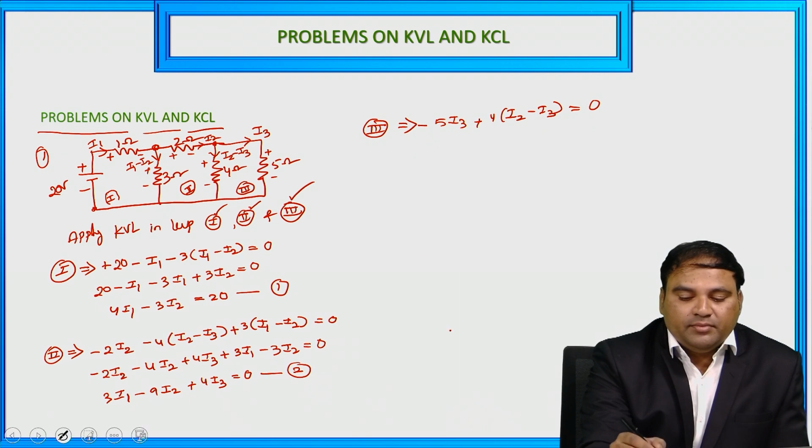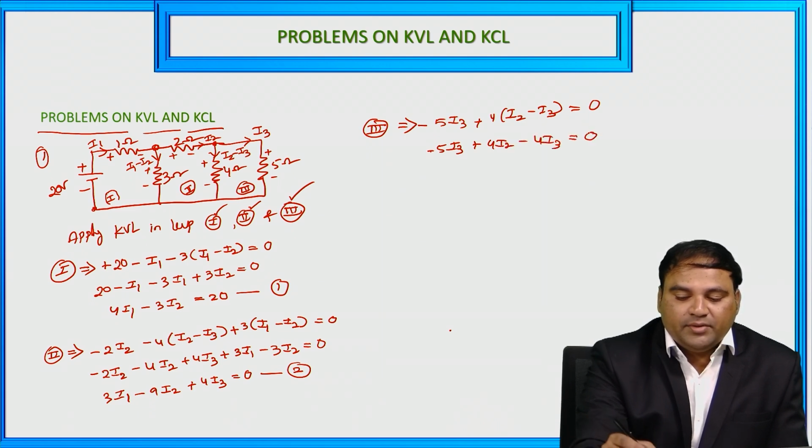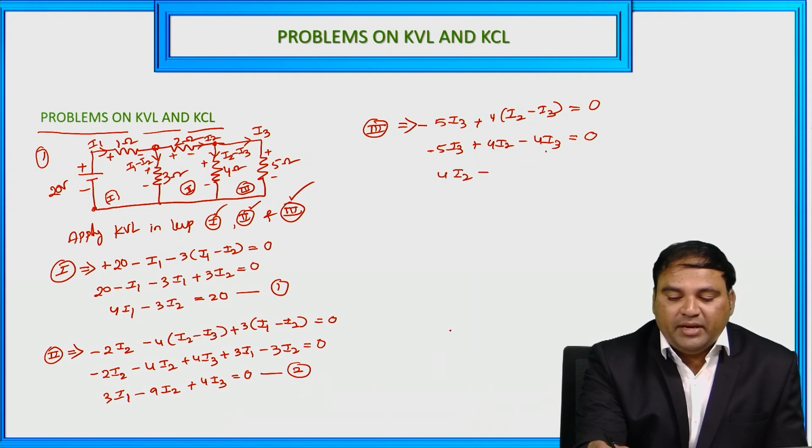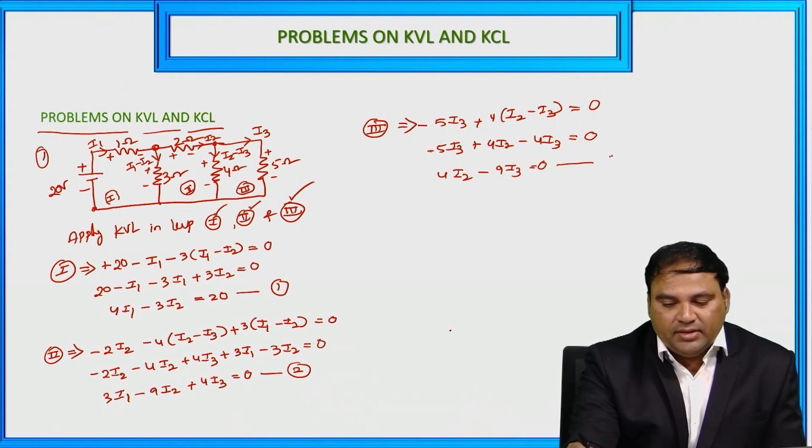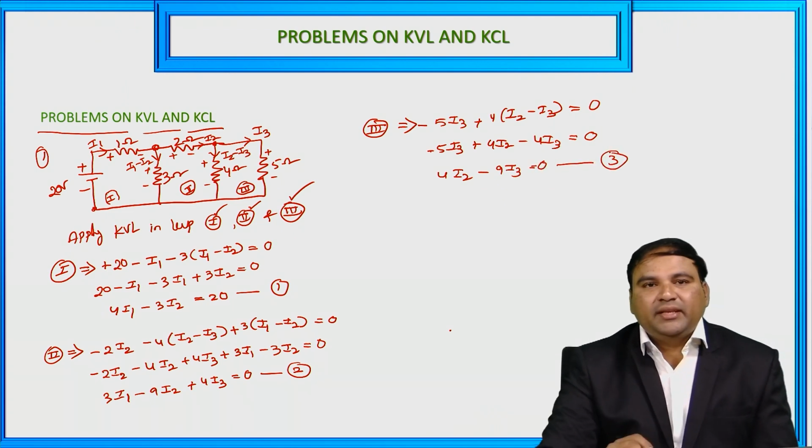Now minus 5I3 plus 4I2 minus 4I3 equal to 0. So minus 5I3 minus 4I3 is minus 9I3 plus 4I2 equal to 0. Let us take this as equation number 3.